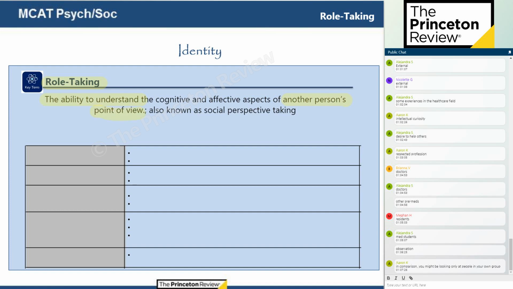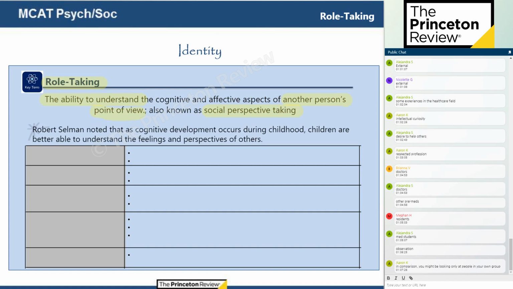Right? Also known as social perspective taking. And this is an ability that evolves for us as we grow and develop. Selman did a lot of work on this, developed a whole theory about it, took a look at what's going on from birth until adulthood and how this ability develops.